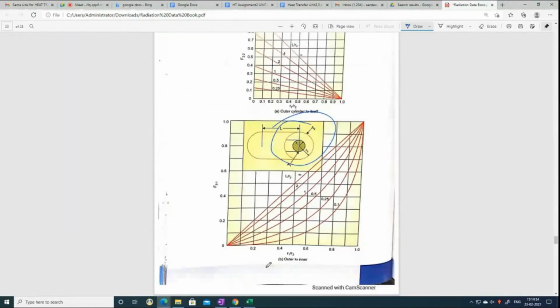There is a cylinder inside a cylinder, and its dimensions are given. For those dimensions, you have to choose the appropriate R1 by R2 on x-axis and L by R2. L by R2 curve you have to choose here. So appropriately you get this point. For that, this will be the shape factor. Like that, the shape factor will be taken for cylinder.